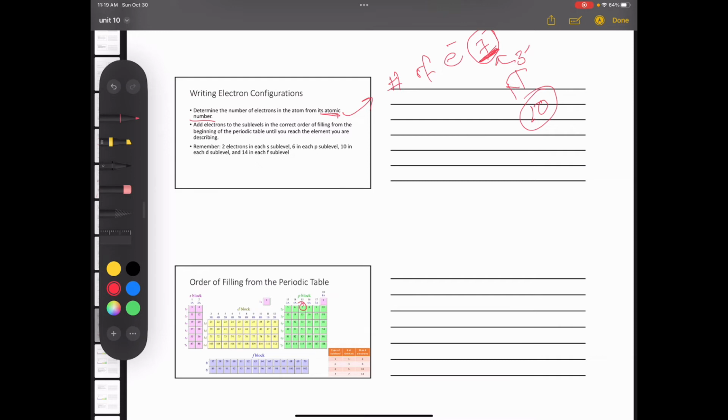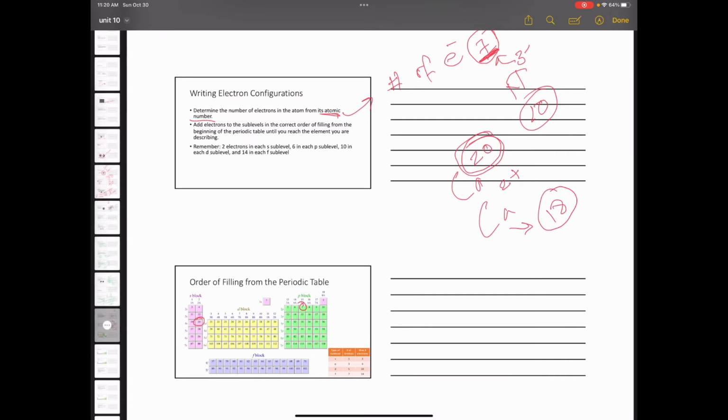If you're trying to do something for calcium, which is 20, so for calcium, 20 electrons, the number of protons equals the number of electrons for a neutral atom. But if you are trying to write the electron configuration for a cationic calcium, which is 2 positive, that means instead of writing 20 electrons, you'll have to write the electron configuration for 18 electrons for calcium 2 plus, because calcium has lost 2 electrons.